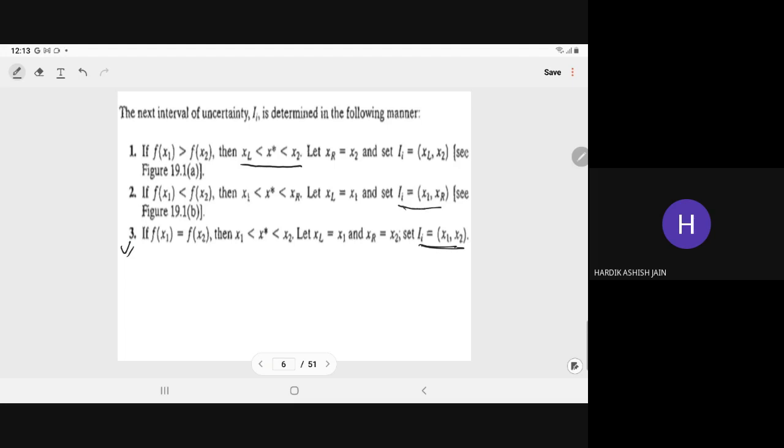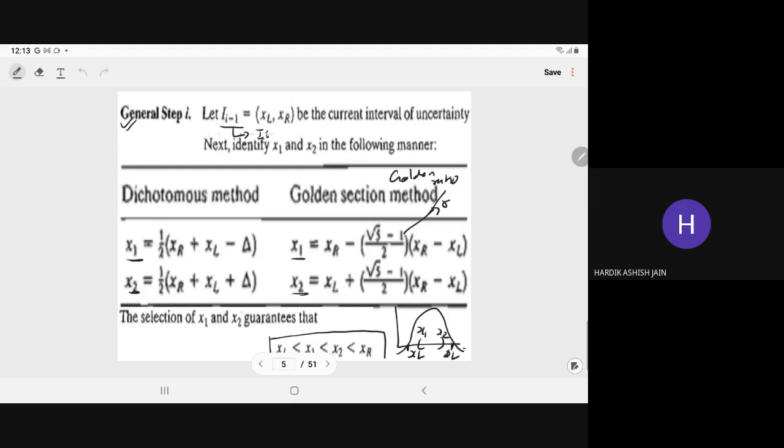In this case the next interval is x1 to xr, in this case the next interval is xl to x2. Is there any problem understanding how we are narrowing? We are narrowing using these two formulas in the dichotomous and golden section methods. Now we have two intermediate points, and out of them, which to take in the next iteration is clear.